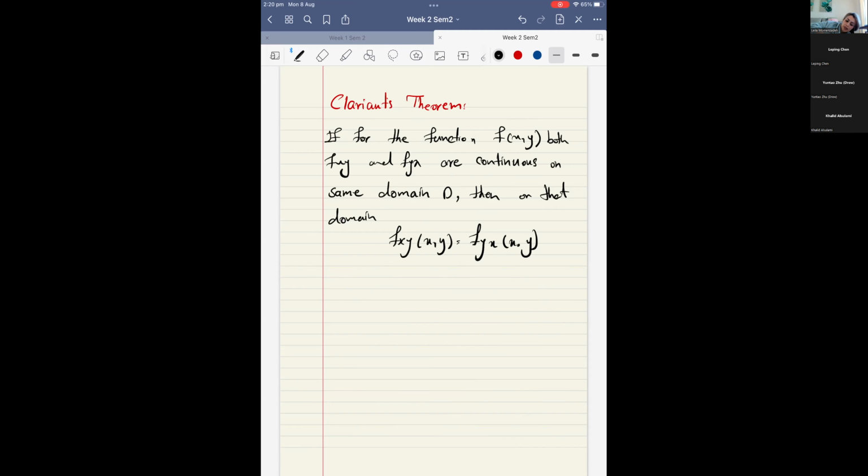That is the Clairaut theory. Okay, it means that if you have f of x and y, you can take the derivative by x, you can take the derivative by y. By x you get fx, by y you get fy. Again, this one you can differentiate by x and y, and this one by x and y.